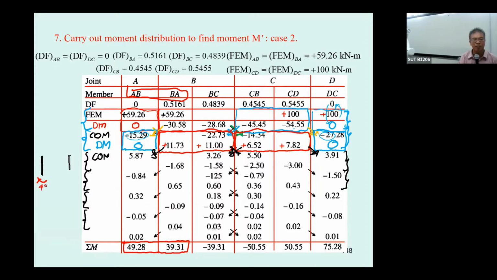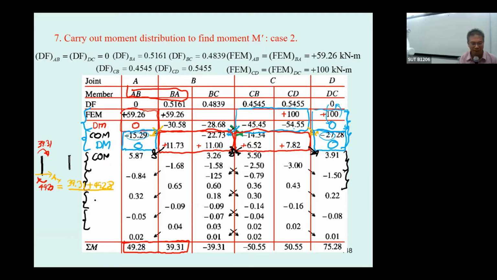This is going to be 49.28. This is going to be 39.31, and you can see clearly by this rotation that the horizontal force A sub X must be in this direction, and it's going to be the summation 39.31 plus 49.28 divided by the length of this column.